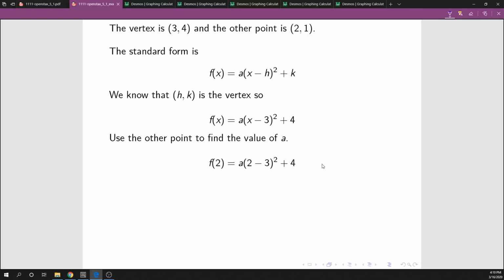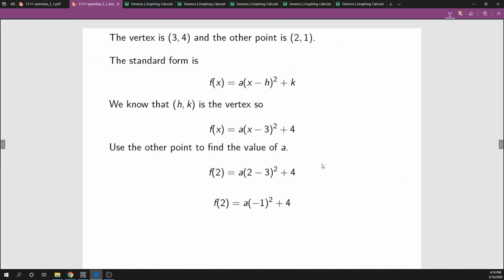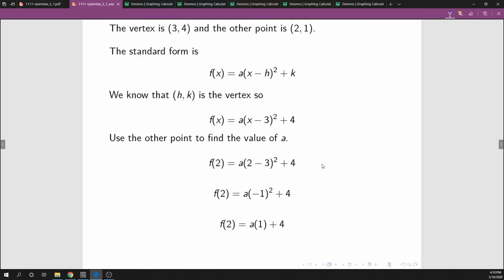So 2 minus 3 is -1. -1 squared is a +1. And +1 times a is just a, right? Okay, so that's about as simple as I can make this.